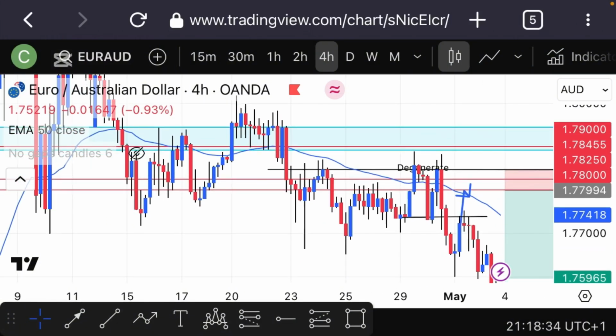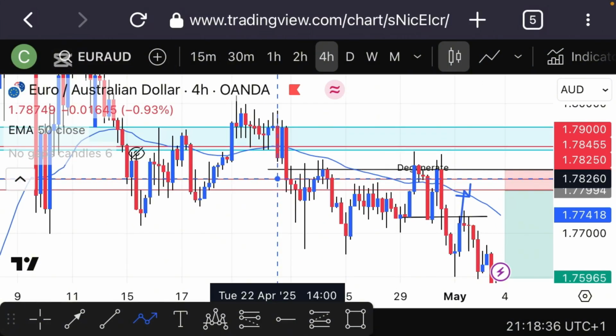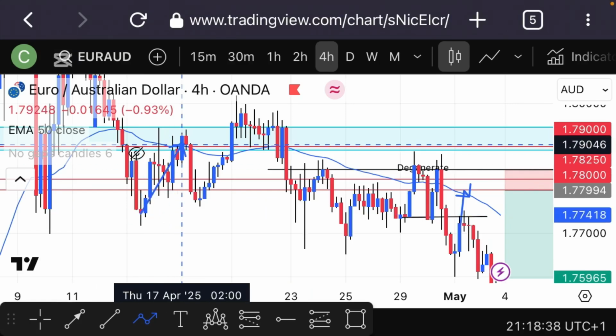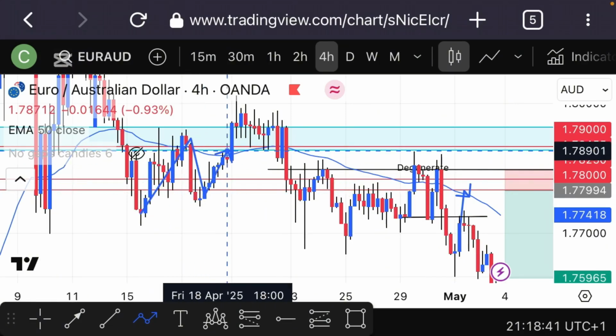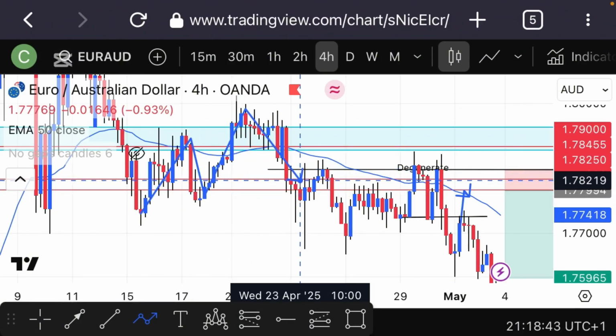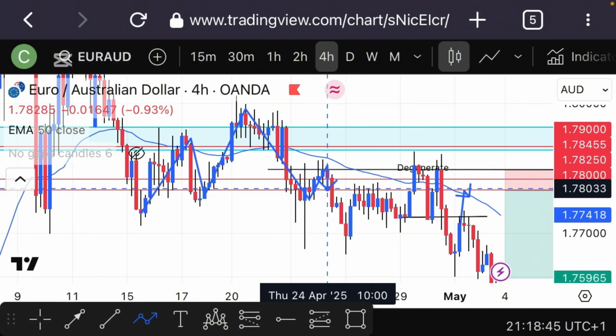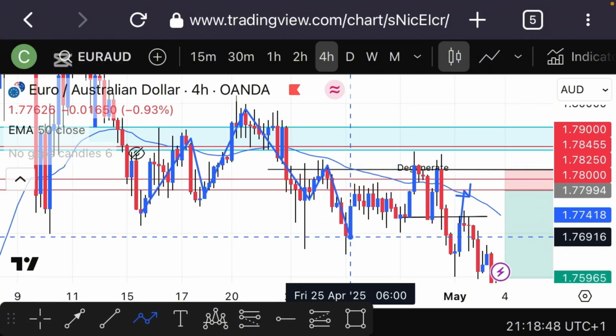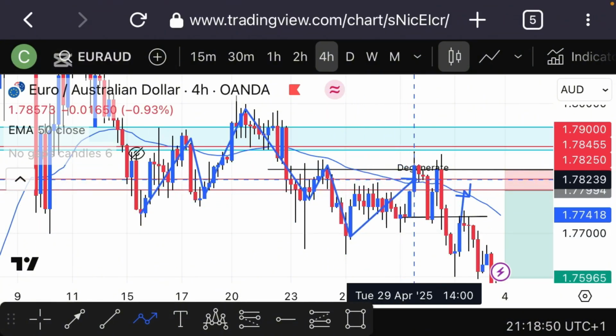It had a very, very beautiful left head, then the right shoulder which had shifted, then also the retracement happened beautifully.